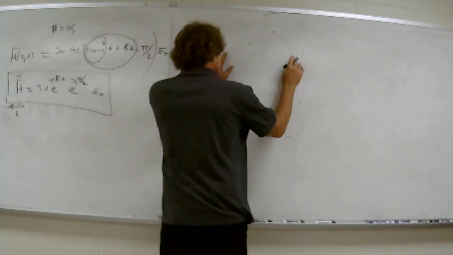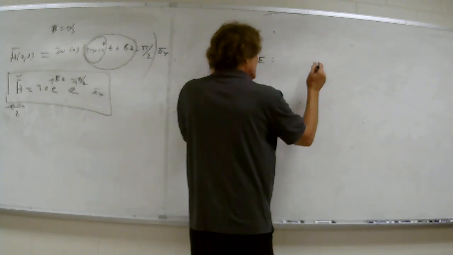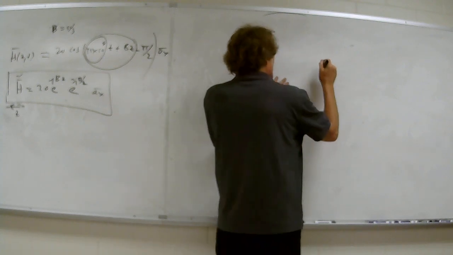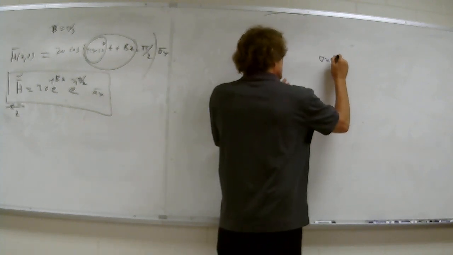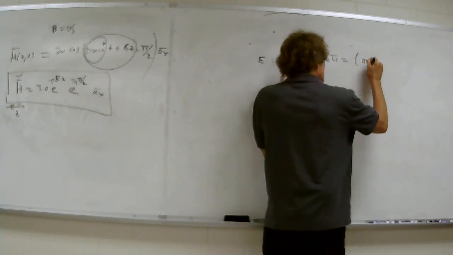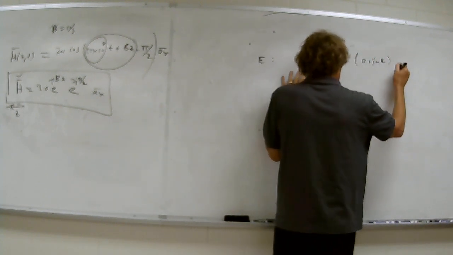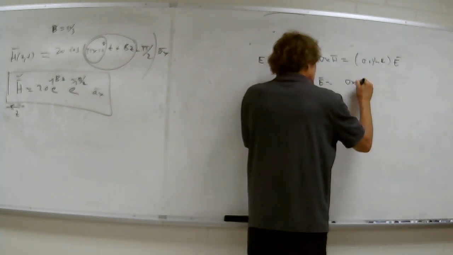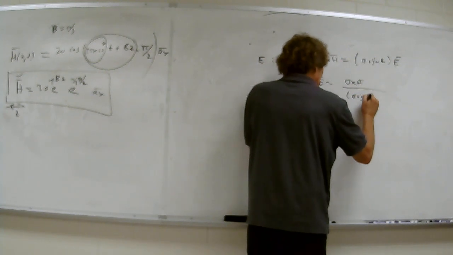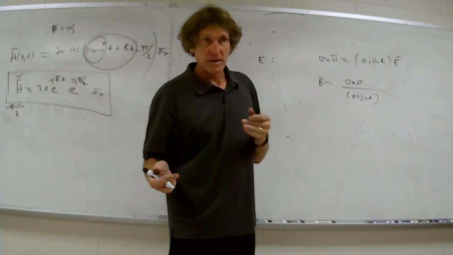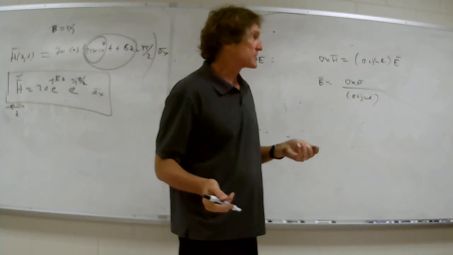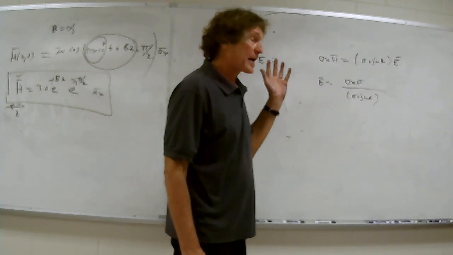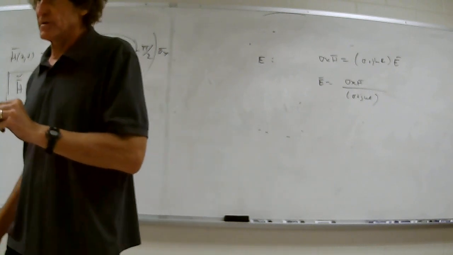If you wanted the actual value of the E field, you realize that curl of H is equal to sigma plus j omega epsilon times E. So technically, you could take the curl of H, I have H, and divide it by sigma plus j omega epsilon, right? Y'all with me on this? That's just using the definition of curl of H for constant frequency, so that'll get you the E field, but it's a curl, and we don't like curls, so we don't need to do it.